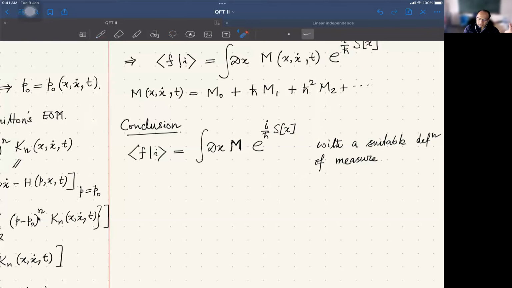Here you have a particular predefined coordinate element, but that is not the entire measure. The entire measure has an additional factor, just like in spherical polar coordinates, we have r² sin theta as a measure factor multiplying the coordinate element dr d theta d phi. That gives you the volume element. Here you can view this as a measure factor.